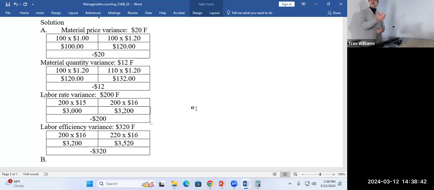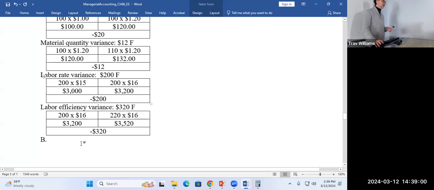Okay, maybe we bought in a large volume of materials and we got a lower price. That would explain the price variance, right? But we still have a lot of unanswered questions. Okay, so here's a possibility, and you might want to jot down something along these lines.